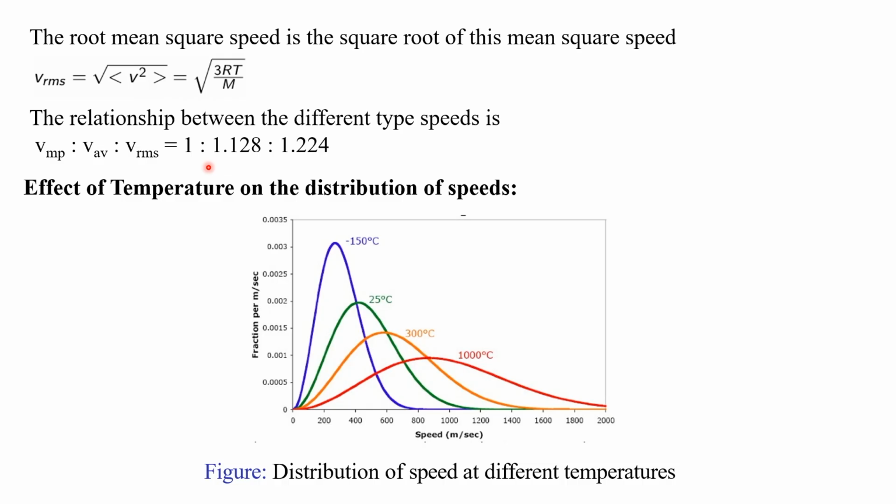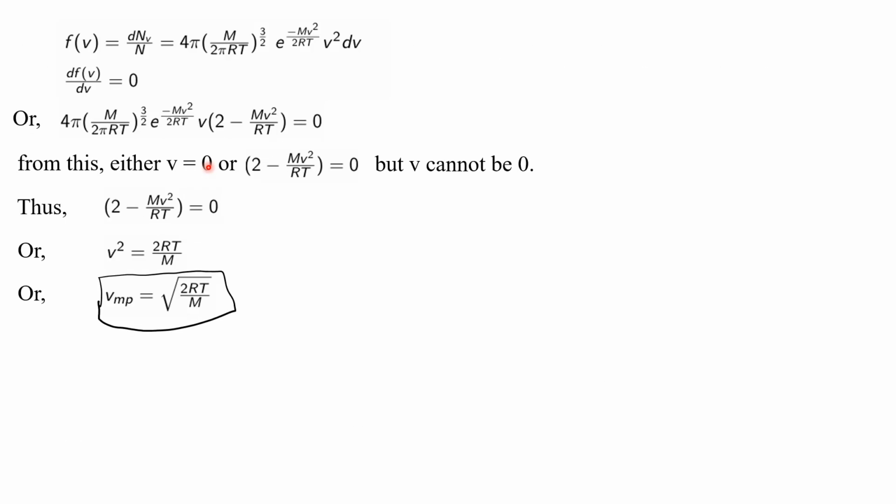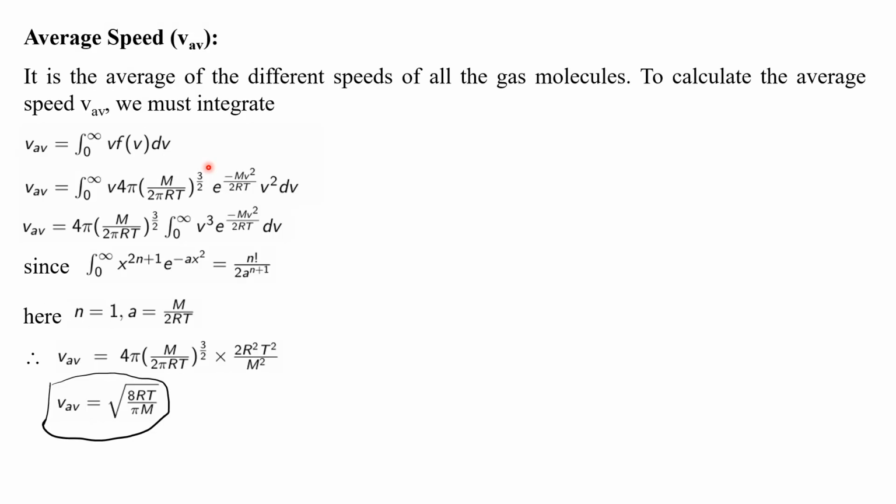So what we discussed now: we got VMP, the most probable speed, is root over 2RT by M, and V average is root over 8RT by pi M. The value of pi is 3.14.